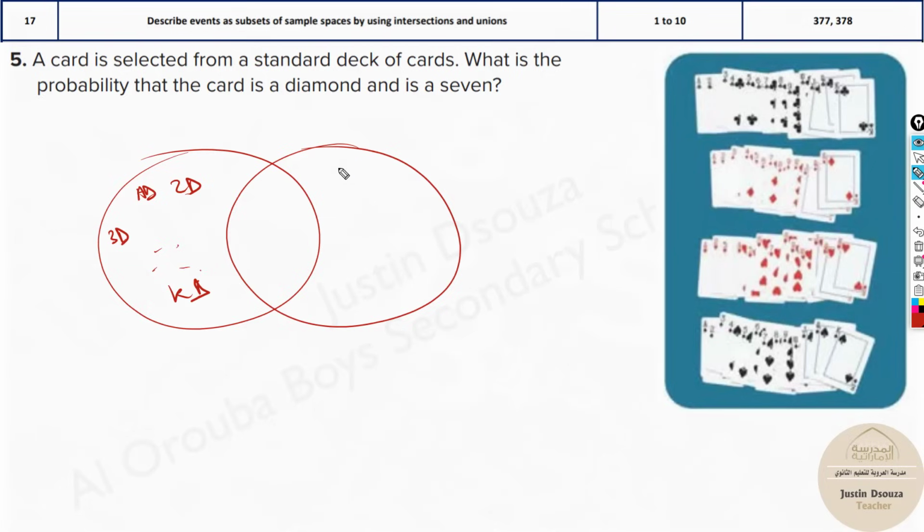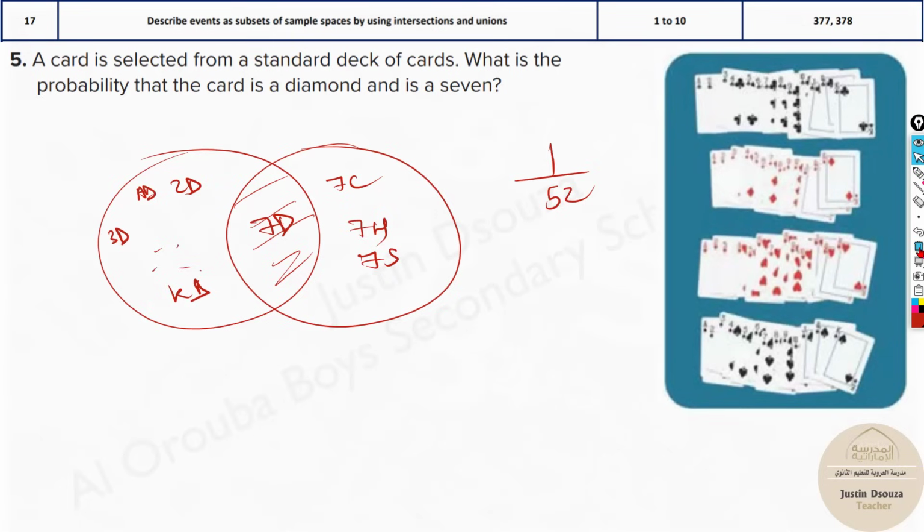You have 7 from clubs. I'll write 7 from hearts next, and 7 from spades. Now 7 from diamonds is what is required, and even over here there is 7 of diamonds, so we'll write it in the middle section, that is the intersection. So what is the desirable solution? That's 1 desired outcome, sorry, 1 out of 52, the total outcome.